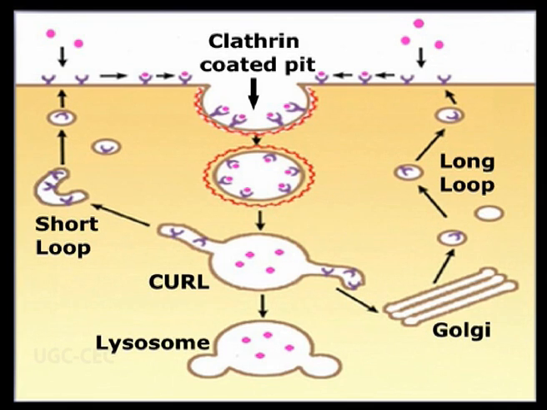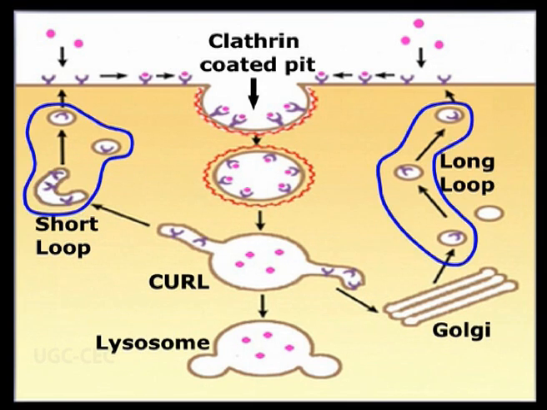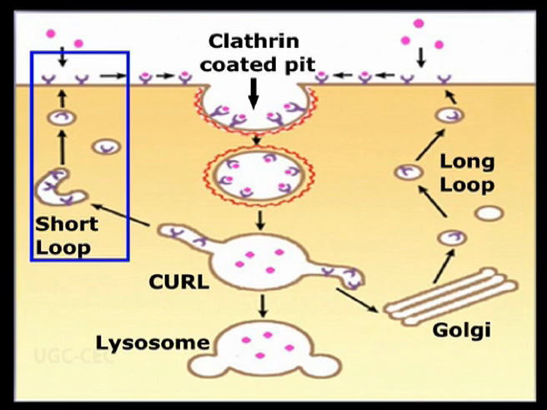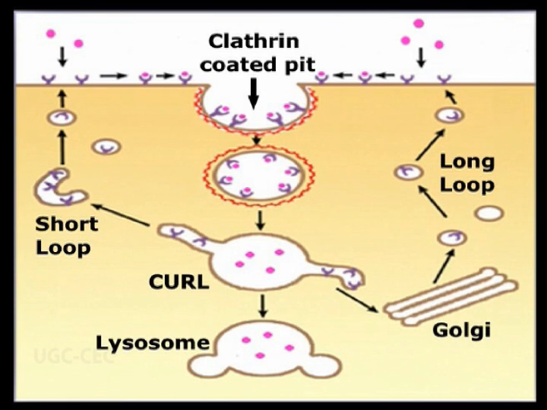The acidification disrupts ligand-receptor binding and the unoccupied receptors migrate into the tubules while the free ligand remains in the vesicle. The tubules then detach and return to the plasma membrane where the receptors are recycled. Finally, the vesicle fuses with lysosomes and the ligand is degraded. This pathway is known as the short loop.